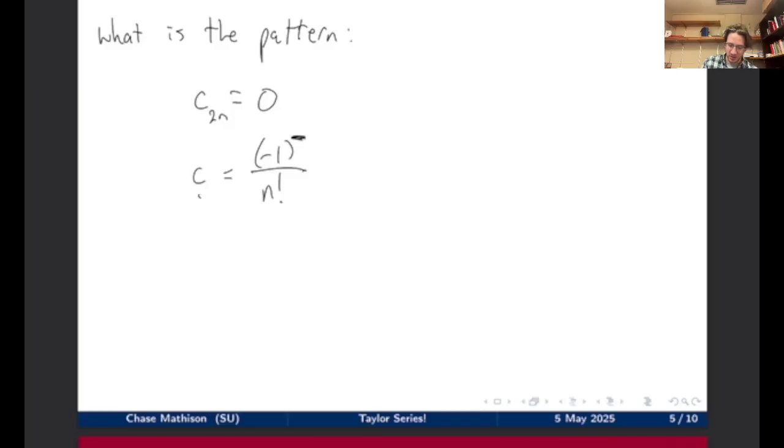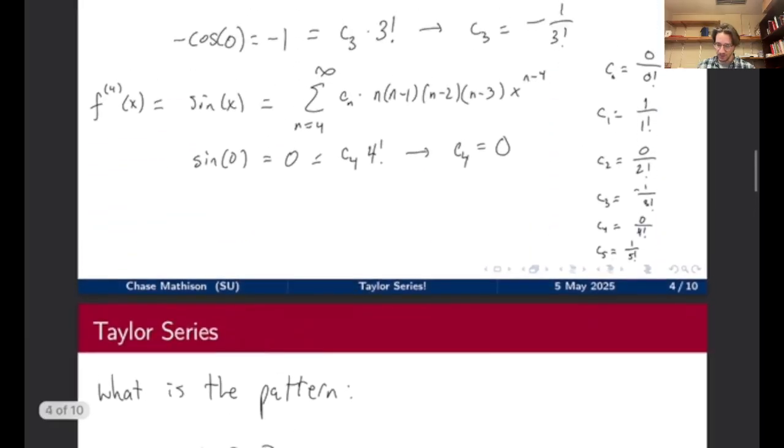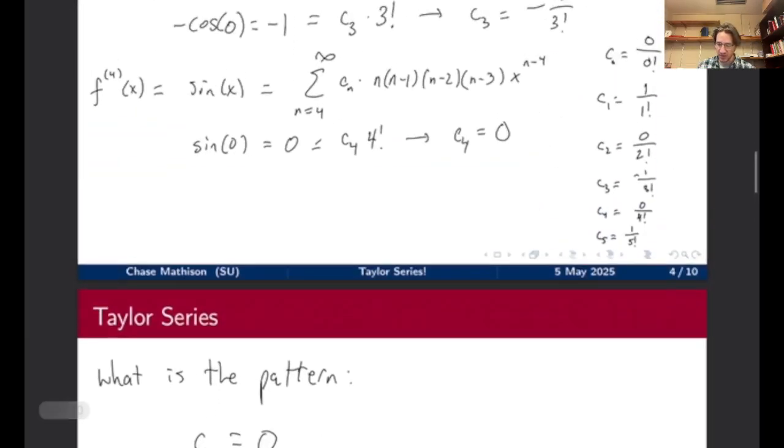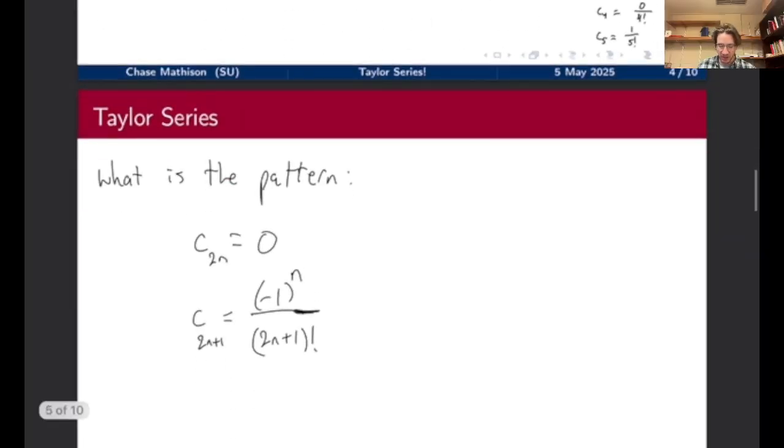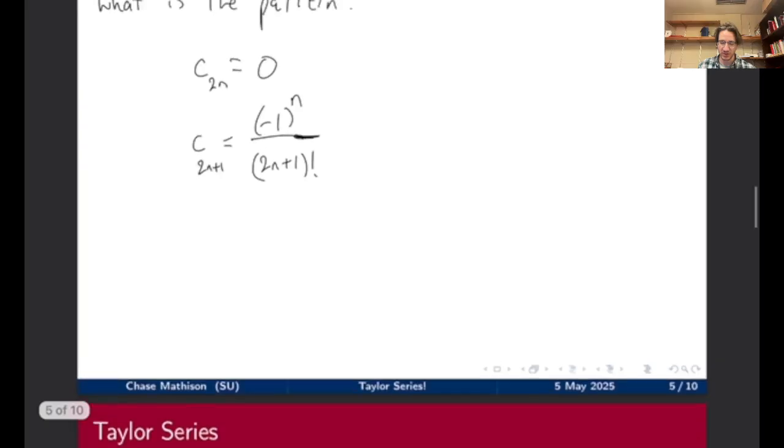And for an odd integer, C sub 2n plus 1, we still have in the denominator the index that we're getting, but then the power on negative 1 should be n. When n is 0, we get C1, which is positive 1. When n is 1, we're looking at C3, we get negative 1 over 3 factorial. When n is 2, we're getting C5, we get negative 1 squared, which is positive 1 over 5 factorial, and so on.